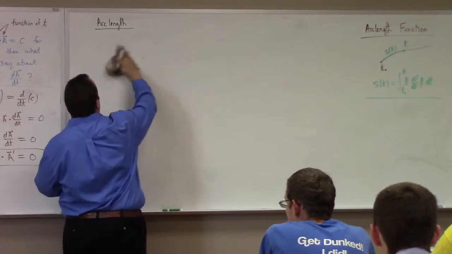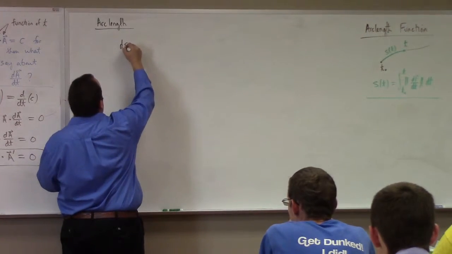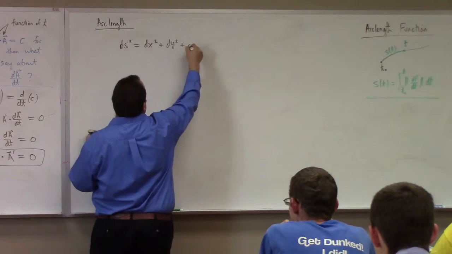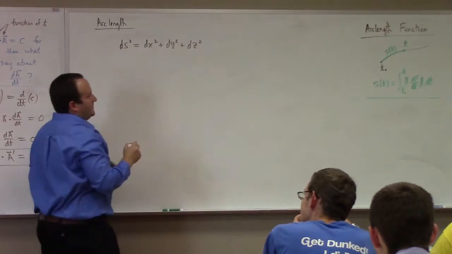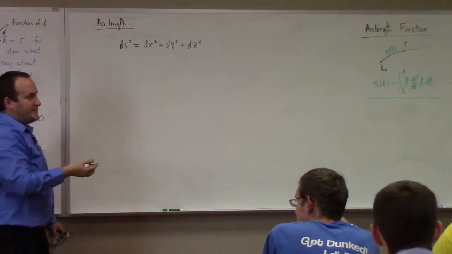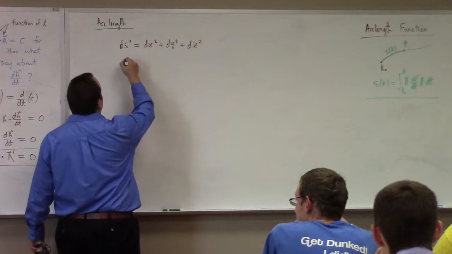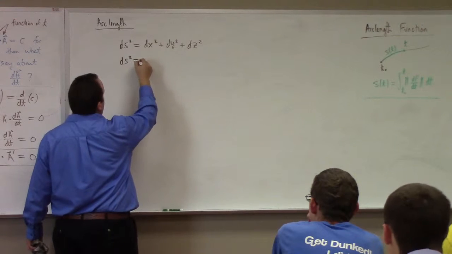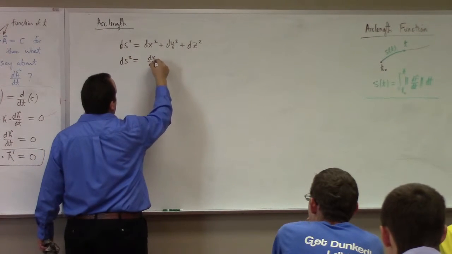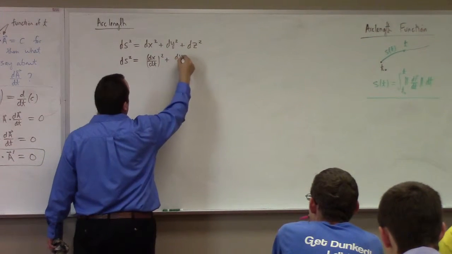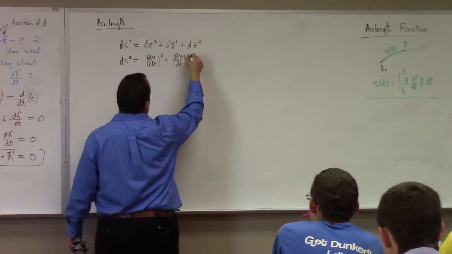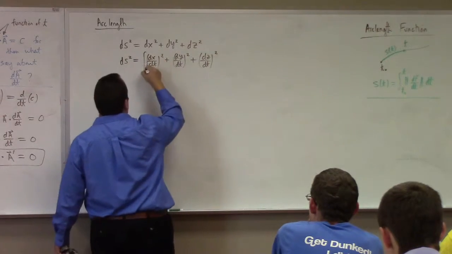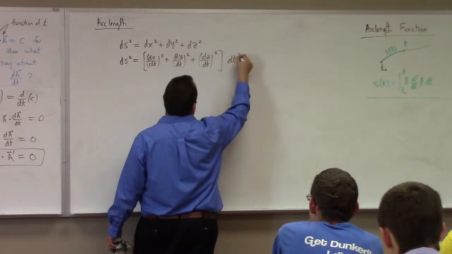Well, forget the picture. Basically, it's just this. If you have ds squared, it's coming from dx squared plus dy squared plus dz squared in 3 dimensions. And so to rewrite that in terms of a parameter, I just simply multiply and divide by dt squared. So what that gives me is ds squared is equal to (dx/dt) squared plus (dy/dt) squared plus (dz/dt) squared, and then all of that times dt squared. In some sense, I just multiplied by 1.